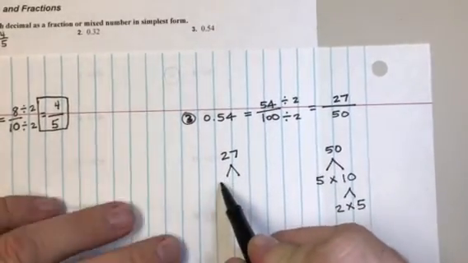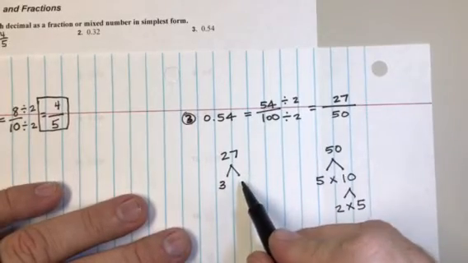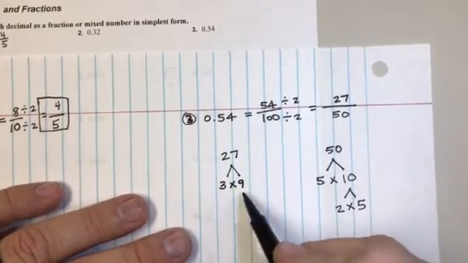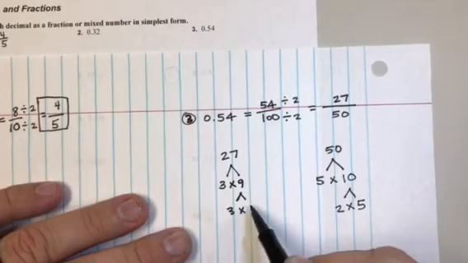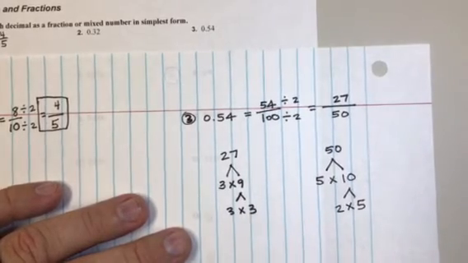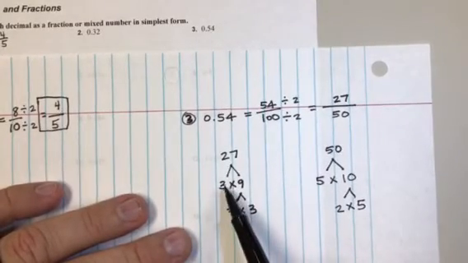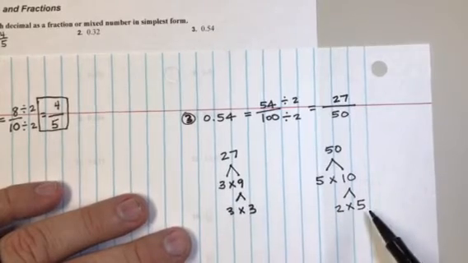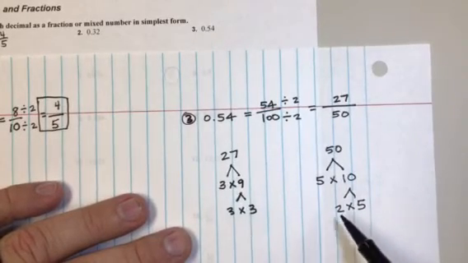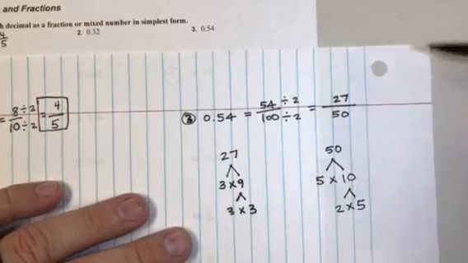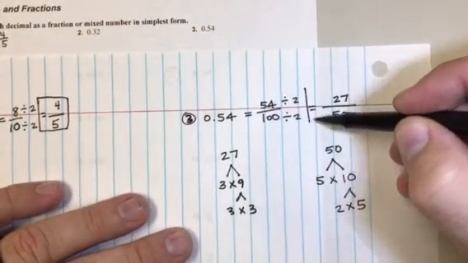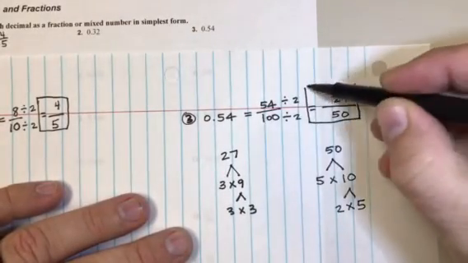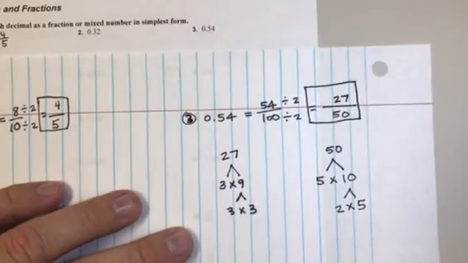I've got 3 and 9, and then 9 breaks down into 3 times 3. So when I look at my factors here, 3, 3, and 3, 5, 2, and 5, I don't have any other common factors, so I know that 27 50ths is the simplest form that I can get that into.